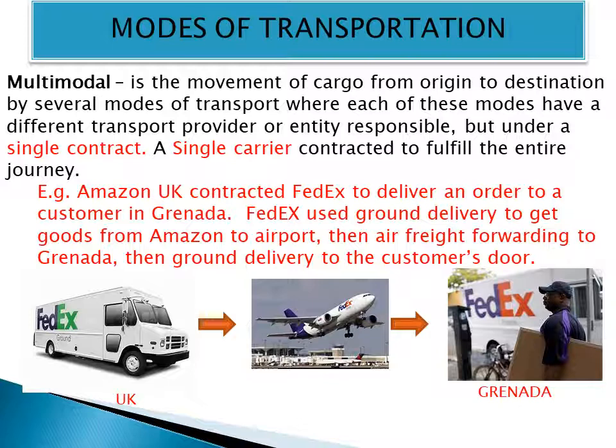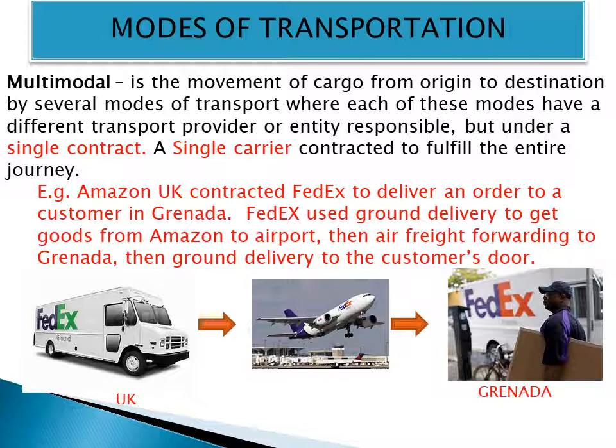So they often contract the services of other companies to handle their logistics, meaning their transportation. And FedEx is a very good example of a company that does these sort of contracts, multimodal contracts. So they have multimodal operations offered to other companies.